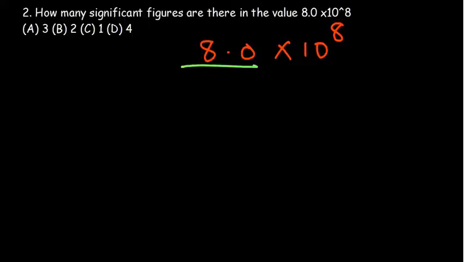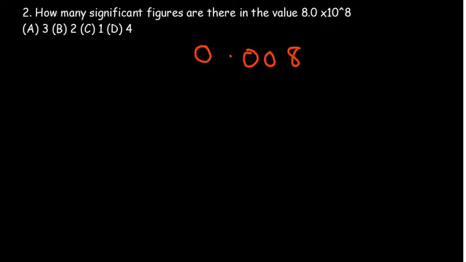So all zeros after a decimal point on the right hand side are significant, making this value 2 significant figures. So if there was no decimal point, let's say just 8 times 10 to the power 8, it would be a single significant figure. Okay, that's the way you look at the significant figures in terms of that notation. But of course, in a case where you've got leading zeros like that, these are not significant.